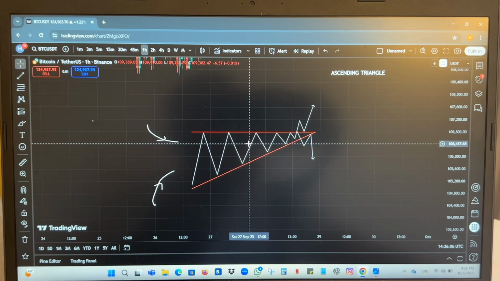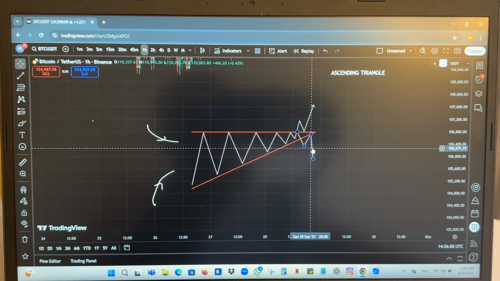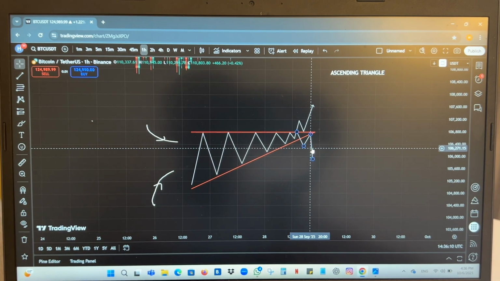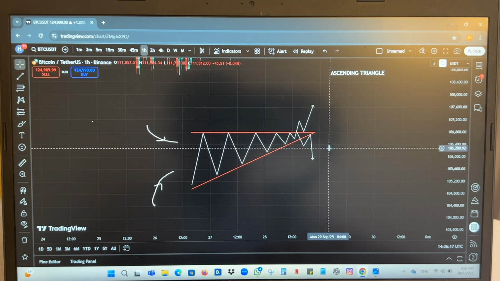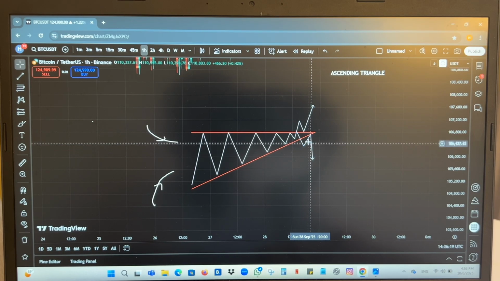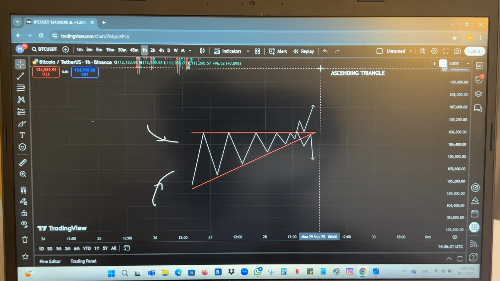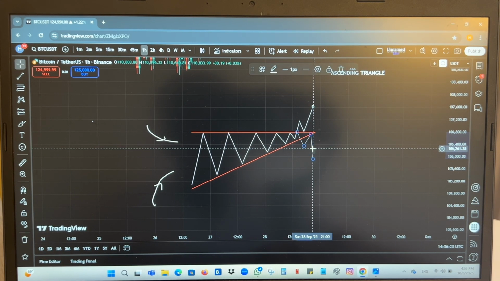So in this case, I will get rid of the lower part. If it goes down, it goes down. I'm not going to talk about that because we are talking about the ascending triangle, so the only movement which matters is it going up. We're not going to talk about the downtrend.